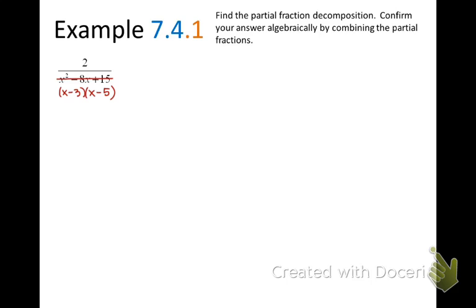So basically, I'm going to say that this thing equals some fraction. I don't know the numerator yet. I'm going to be working on that. But I have a denominator that could be x minus 3, right?